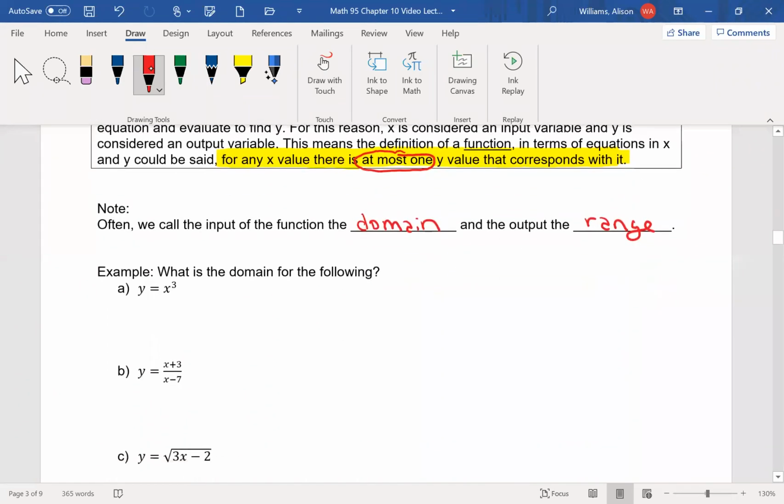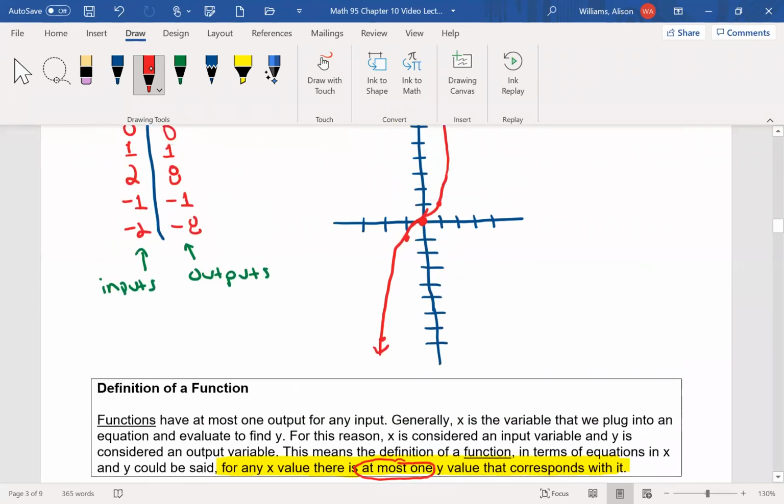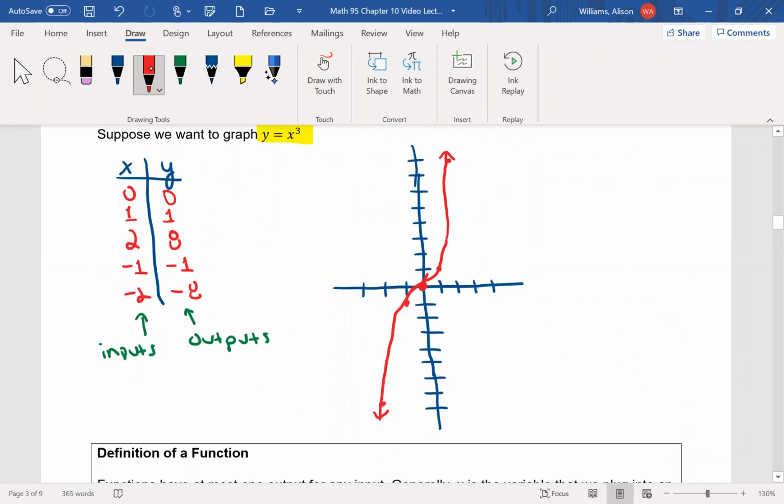Looking at this example, we want to know what the domain is for the following. We already looked at y equals x cubed, and what we're really asking is what type of inputs can we plug in for x? When I come back up here and consider what values I plugged in for x, the question becomes, what other values could I have plugged in? I didn't have to do 0, 1, 2, -1, -2.